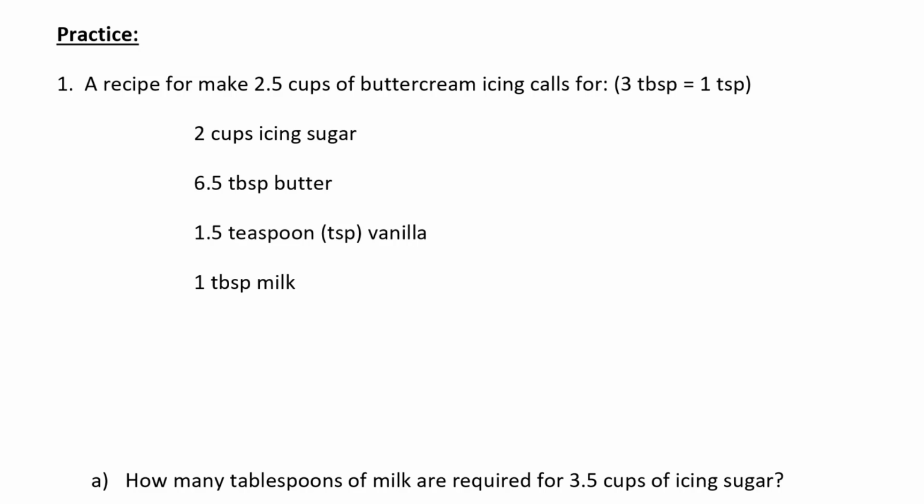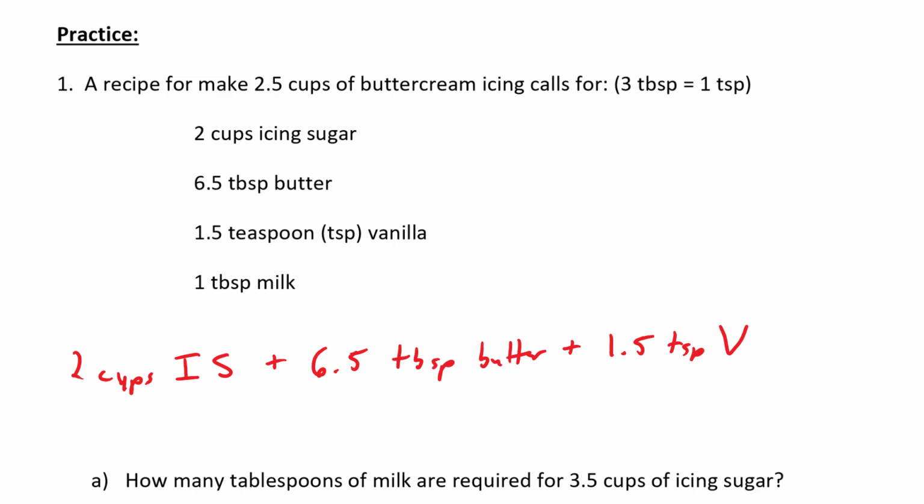Let's take it up. Let's first start by writing my recipe. 2 cups of icing sugar, I'll call it IS, plus 6.5 tablespoons of butter, plus 1.5 teaspoons of vanilla, I'll just call it V, plus 1 tablespoon of milk. Add those together, and I make 2.5 cups of buttercream icing.